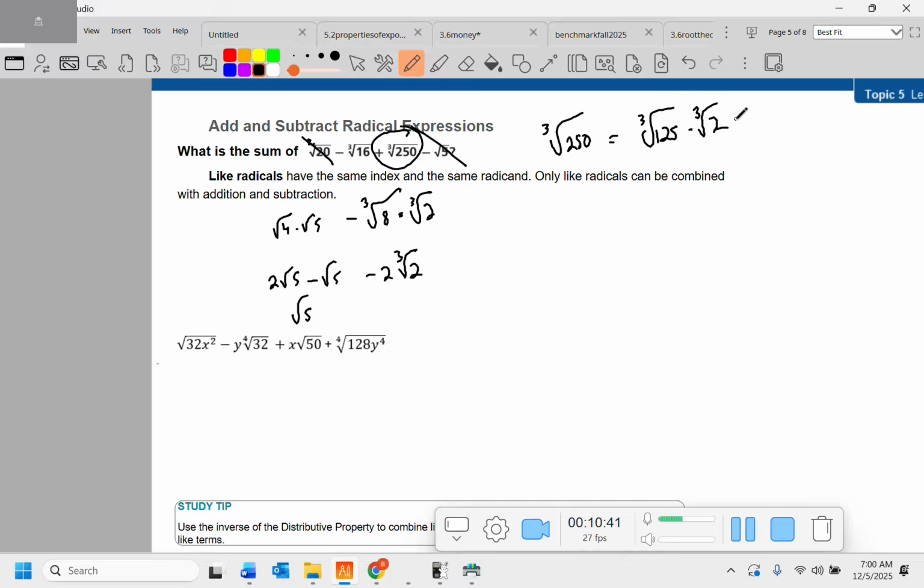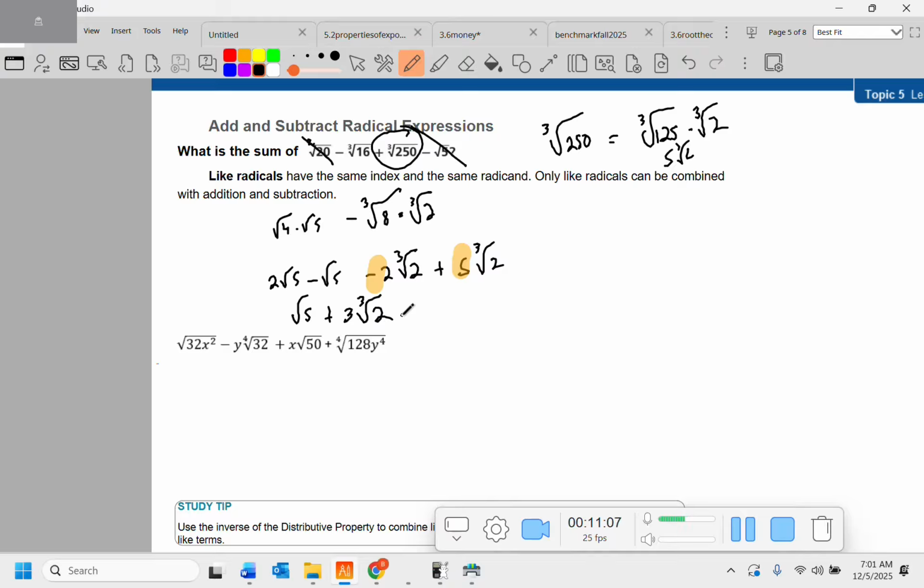So that's going to become 5 cubic roots of 2 because the cubic root of 125 is 5. So we have plus 5 cubic roots of 2. And negative 2 cubic roots of 2 plus 5 cubic roots of 2 are 100% like, so I just focus on the numbers. Negative 2 plus 5 is 3, so plus 3 cubic roots of 2.